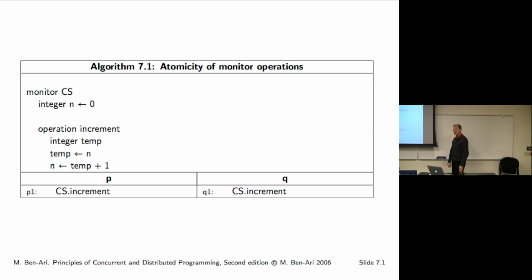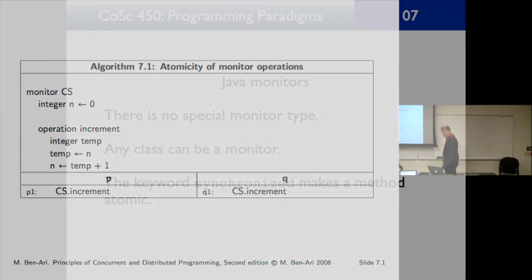Are you with me? Does everybody see how that worked? So now notice that there's no longer a wait S and signal S in the main program code. You just call this method, and the method is guaranteed atomic. That comes automatically with the monitor.